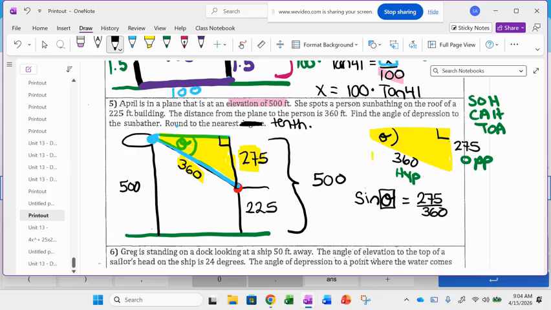Who remembers, when we're solving for an angle, what do I have to do? The inverse, excellent. So in order to solve for an angle, that's when we do the -1. So it's going to be theta equals the inverse sine of 275 over 360.